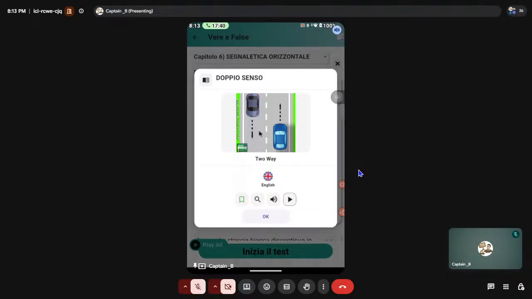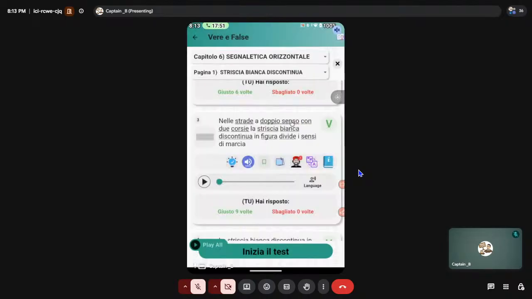Doppio senso di marcia. Due corsie, one corsia, two corsia, but two-way circulation. One is going, another one is coming, which is doppio senso con due corsie, two-way with two lanes. Corsia means lane. Lane 1, lane 2. That was just so that one was going, another one was coming.